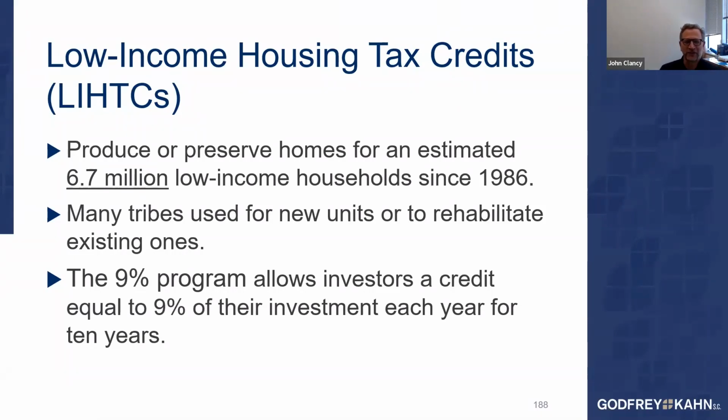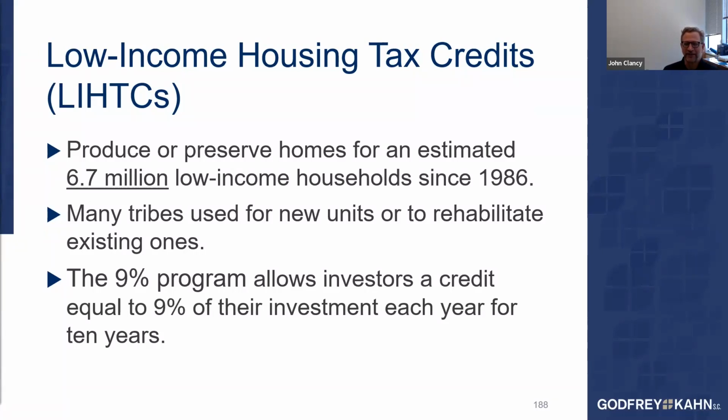So low-income housing tax credits have really been the primary engine for low-income housing development in the United States. As noted in the first bullet, they produce or preserve, meaning they help develop new or help rehab existing homes, in a tremendous quantity, 6.7 million low-income housing units basically since 1986.